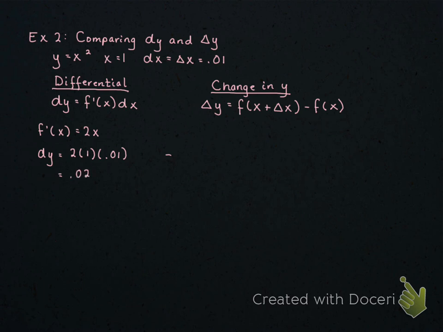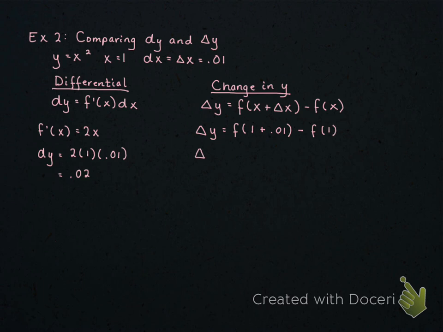Okay, now we're going to use the same information, but this time we're going to find delta y, the change in y, without using the derivative. Okay, so f of x plus delta x is 1 plus 0.01, minus f of x, which is 1.